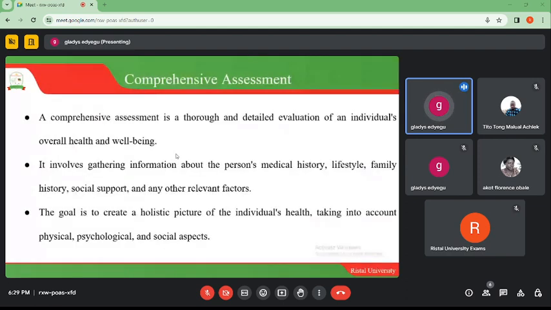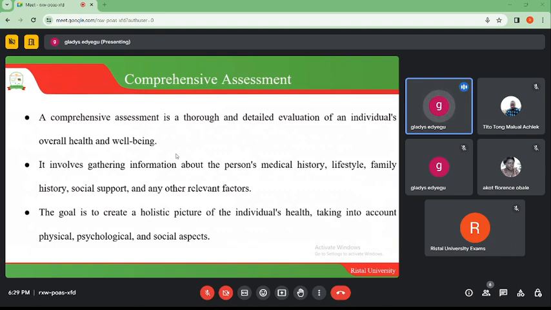Comprehensive history assessment is a thorough and detailed evaluation of an individual's overall health and well-being. So you look at all that information comprehensively. It involves gathering information about the person's medical history, lifestyle, family history, social support, and any other relevant factors that could have contributed to the illness.